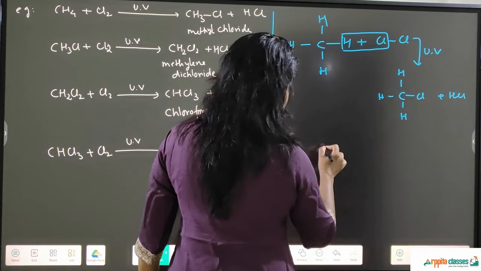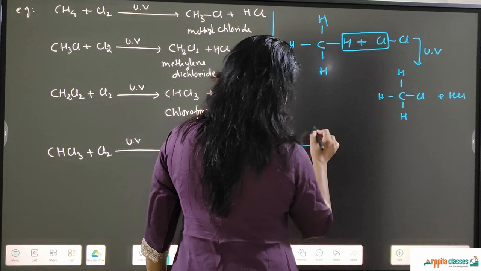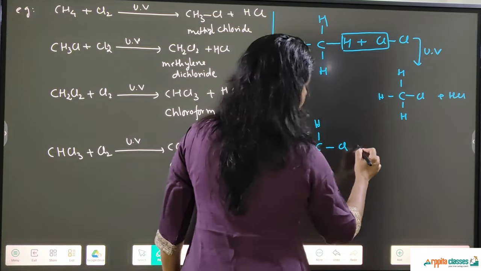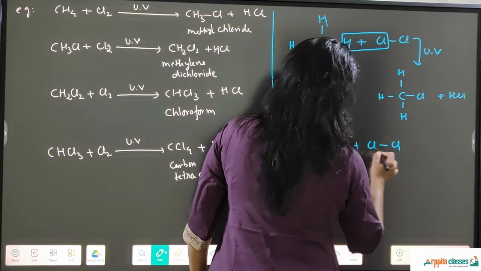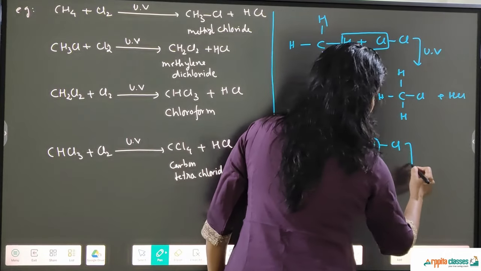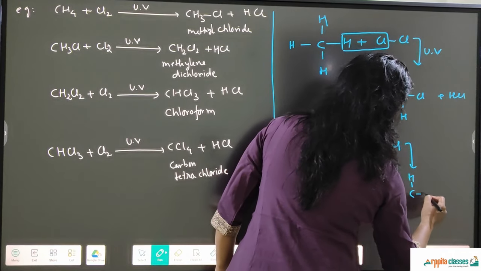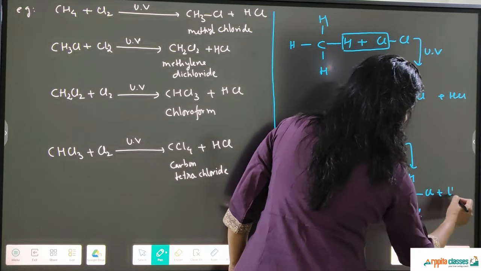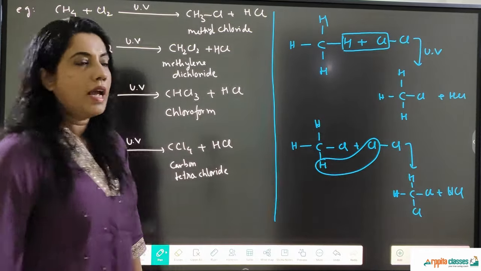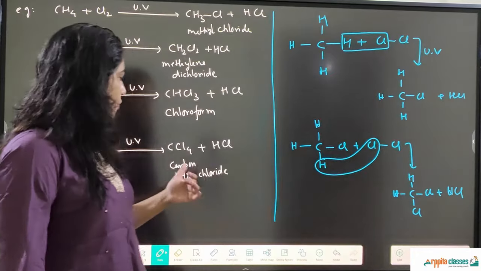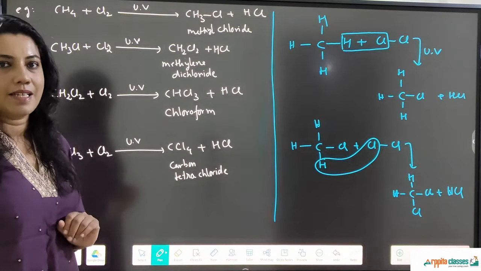Now again this CH3Cl will be reacting with another molecule of chlorine. Now this hydrogen will be replaced. So here one chlorine will come and you will be getting CH2Cl2 plus HCl. So this is how the reaction will go on as long as all the hydrogens are not replaced by chlorine, and you finally get a product that is CCl4.